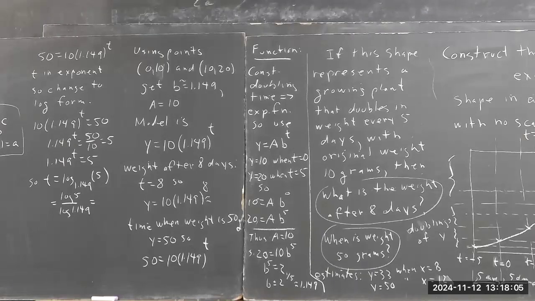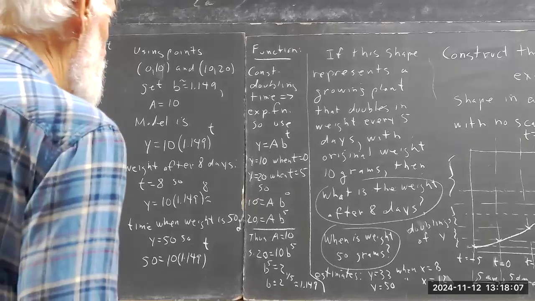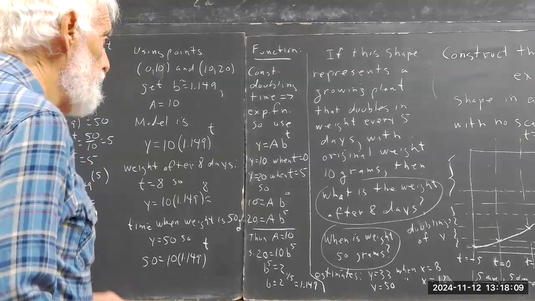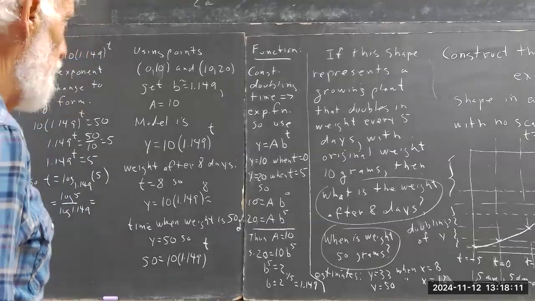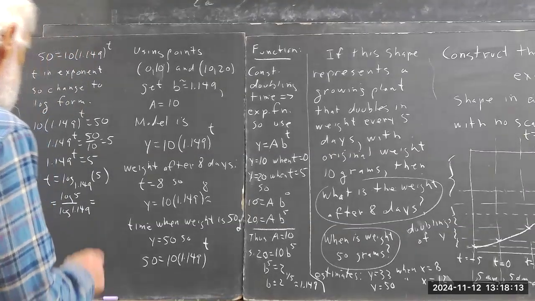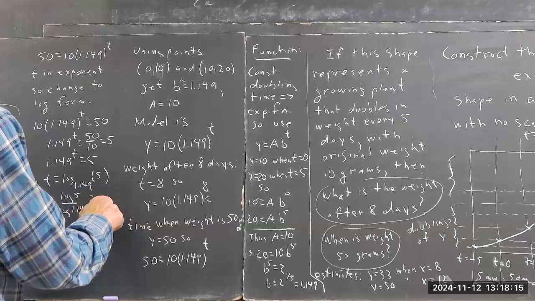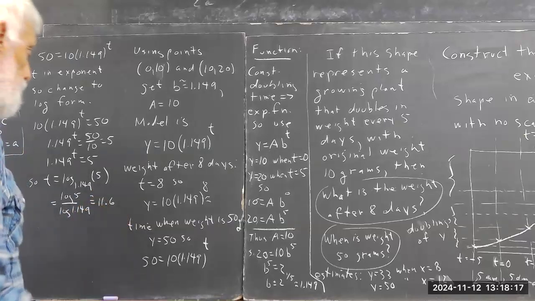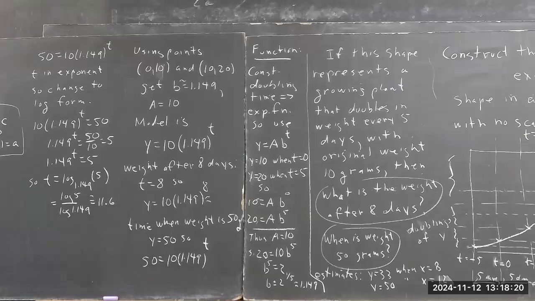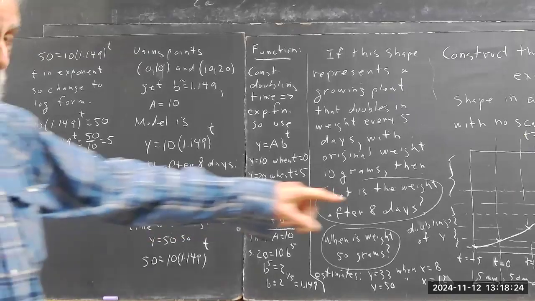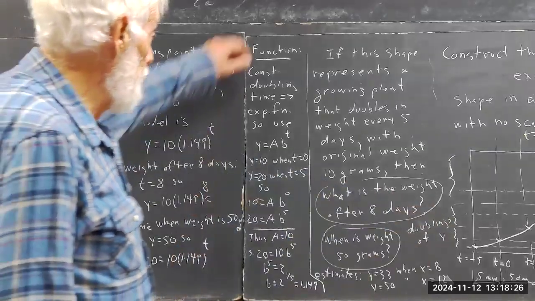When you do that, I think you get something about 11.6. I think I saw 11.57. Now, how does that compare with the estimate I made from my graph?